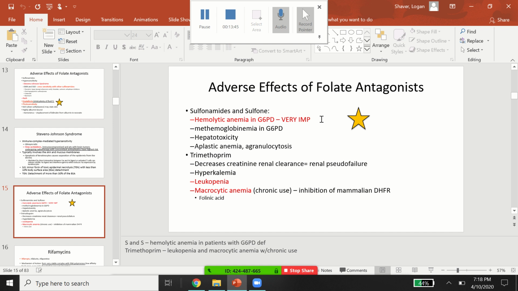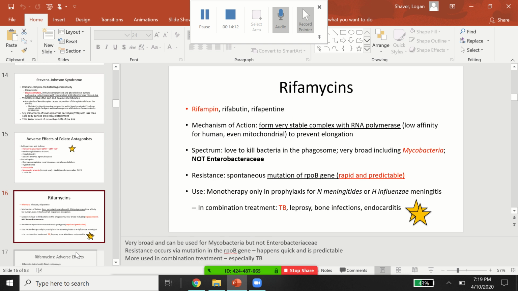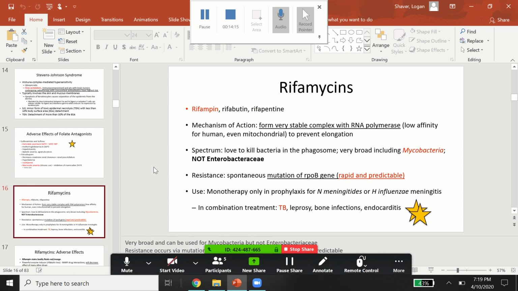And so just make sure you realize that it's dangerous to give those patients sulfonamides or sulfones. Then TMP, so they have leukopenia, and on top of that, macrocytic anemia can also happen with them as well. So I don't know if she would really ask you a question pertaining to that, but like I said, G6PD tends to almost always be brought up somewhere, so I just always highlight it.